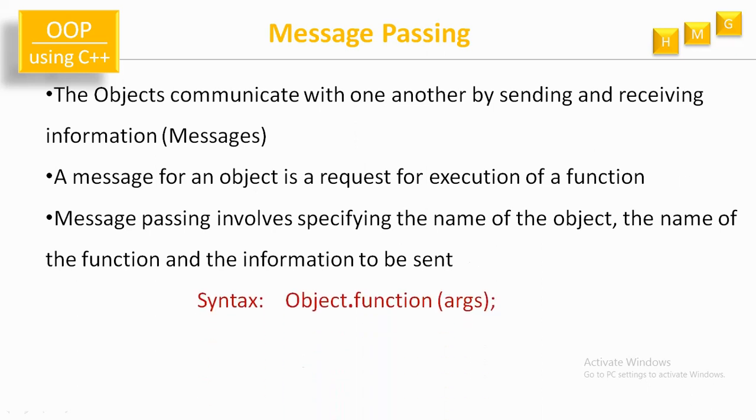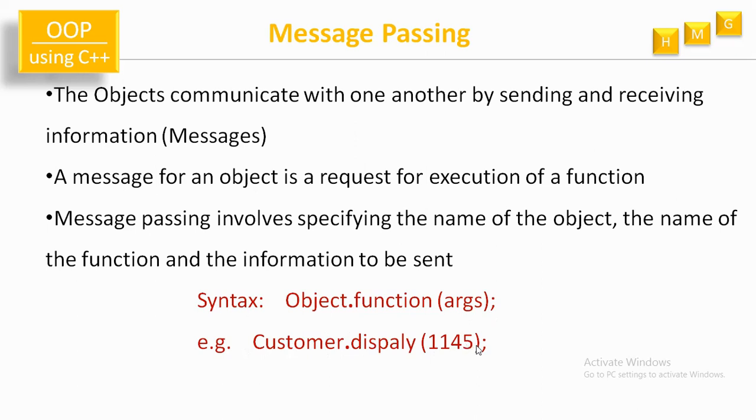This is the syntax, how the object calls a function. You have to write the object name, dot, function name, and in brackets the arguments. For example, customer dot display, in brackets 1145.